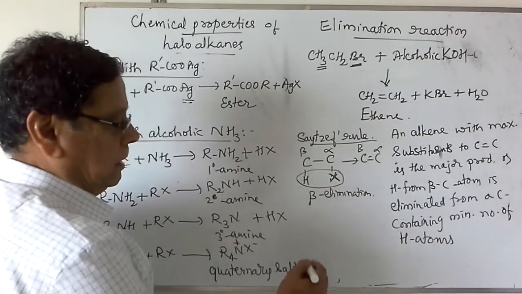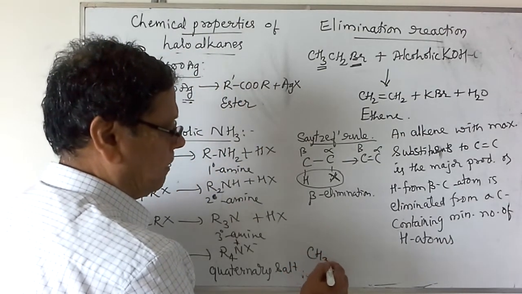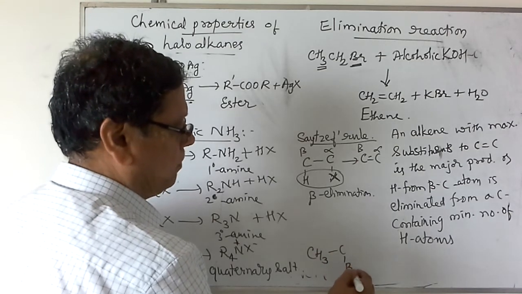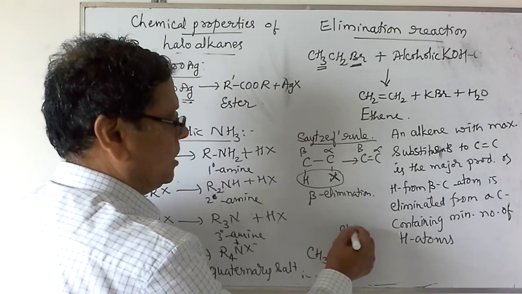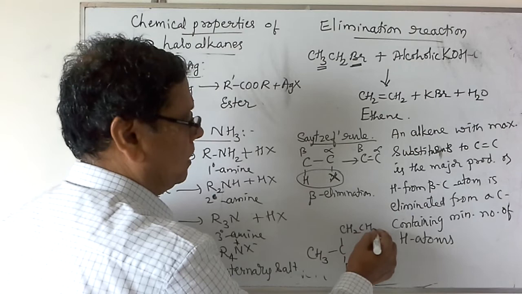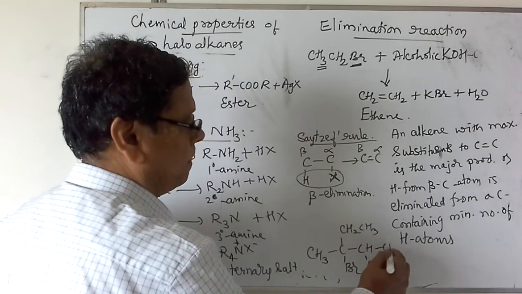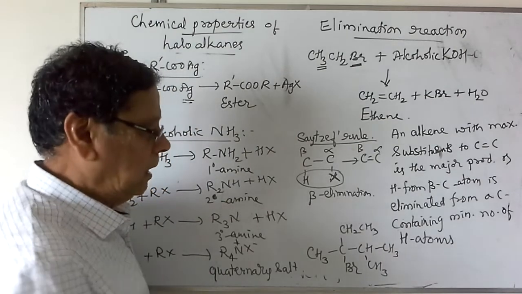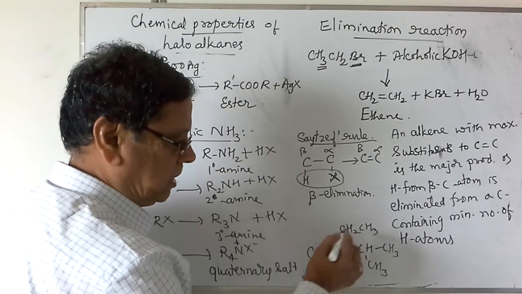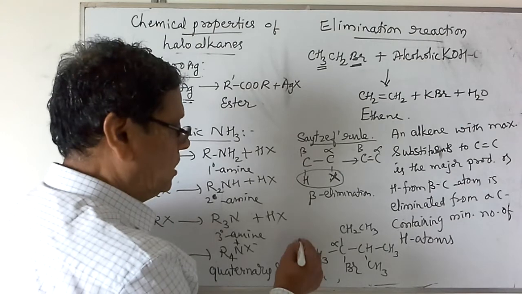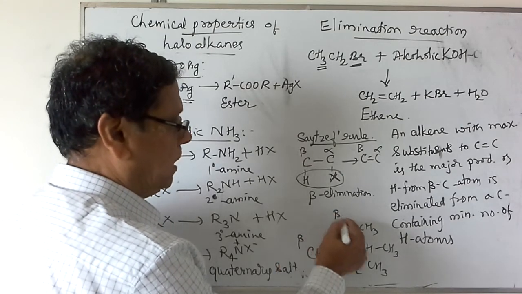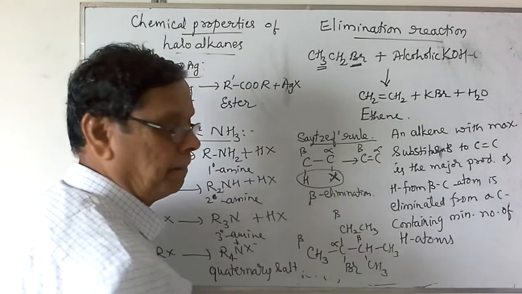Say for example, I am taking CH3, CBr, CH2, CH3, CH, CH3, CH3. Here, this carbon atom containing the halogen is alpha. This is beta, this is beta, this is also beta.